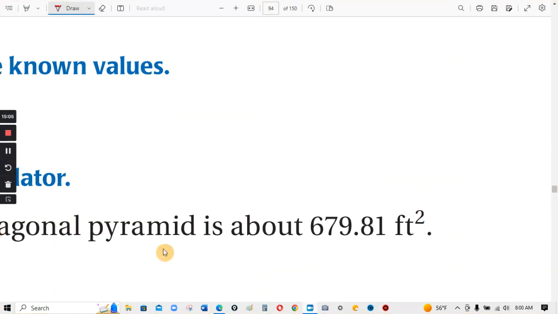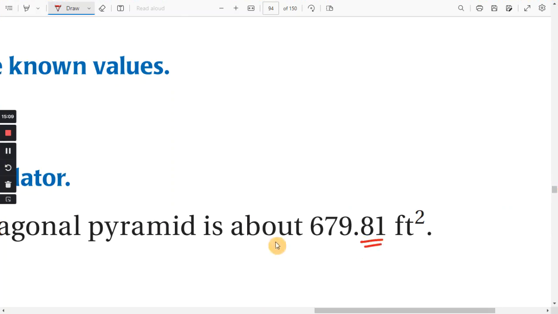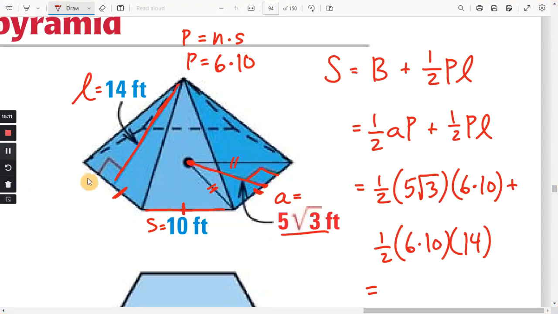Now, they didn't say to round or whatnot, but I can see their final answer is 2 decimals. So that's what I'm going to do. So I'm going to do this whole thing on the calculator. For the 1/2, you can enter 0.5, unless you know how to do fractions on your calculator.